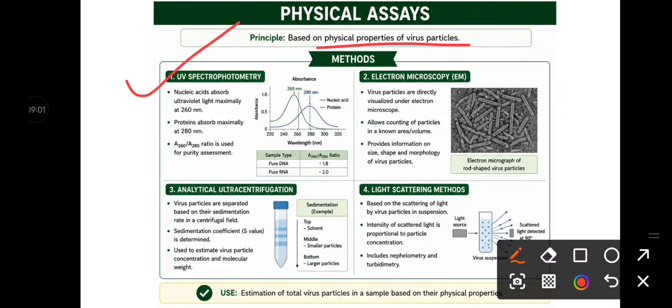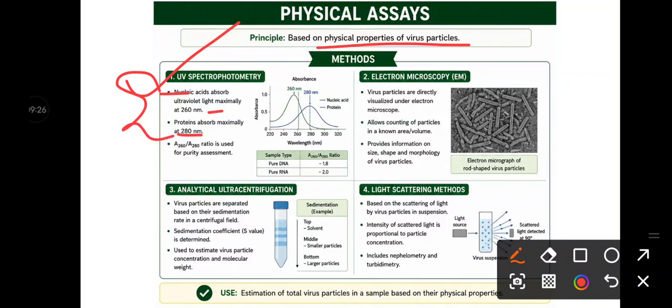As you all know, nucleic acid and protein absorb different spectra of UV light. Nucleic acid generally absorbs UV light maximally at 260 nm, whereas protein absorbs UV light maximally at 280 nm. This can be directly asked in an MCQ.